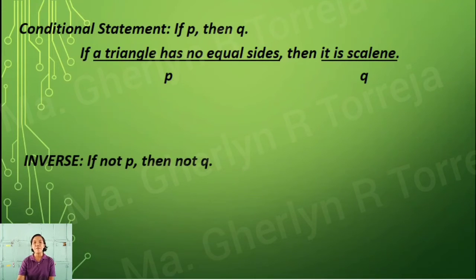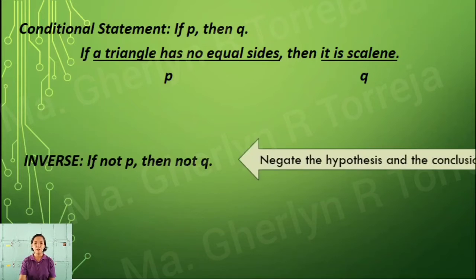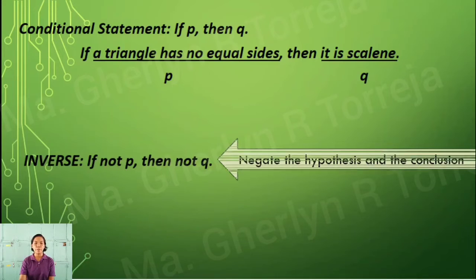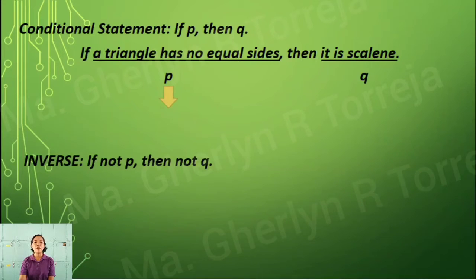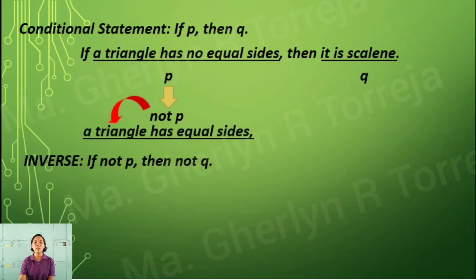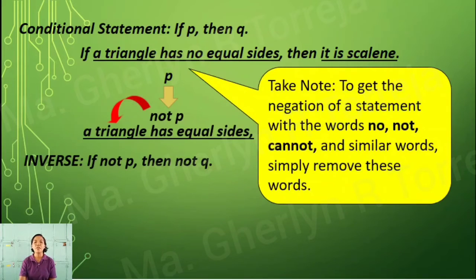Now, let us proceed with our inverse. Our inverse, if not P, then not Q. So, we have to negate the hypothesis and the conclusion. Let us negate first our hypothesis. For the not P, that will be, a triangle has equal sides. O, ano lang yung ginawa natin? Okay, take note. To get the negation of a statement with the words no, not, cannot, and similar words, we simply remove these words.